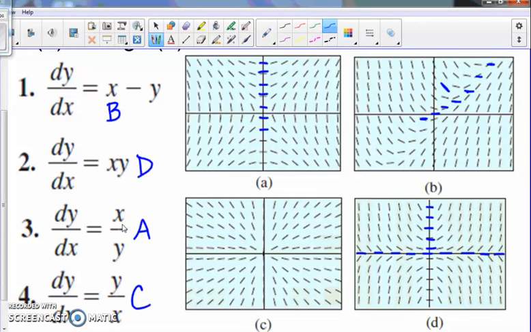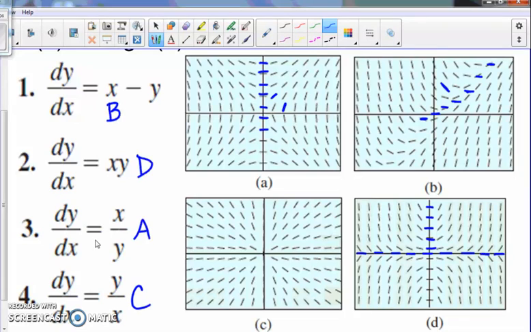Also, whenever x is bigger than y, I'm going to have a steeper slope. For example, 2 over 1. So at 2, 1, I would have a steep slope. Whereas at 1 over 2, my slope is not as steep over here. So you can match it up that way.